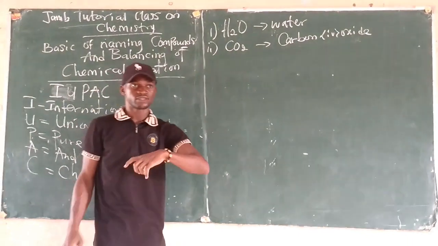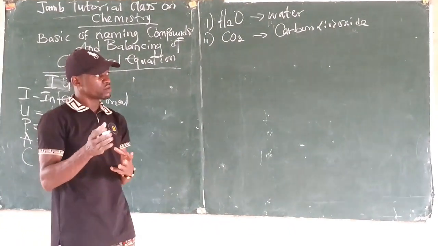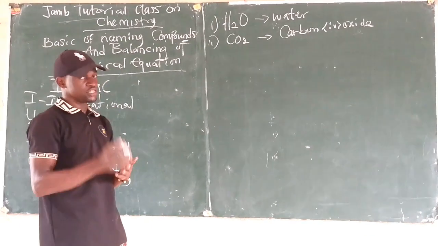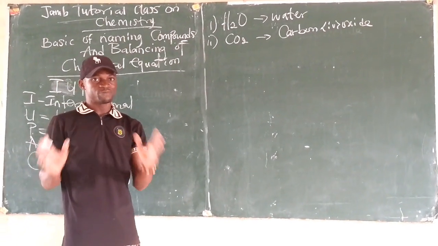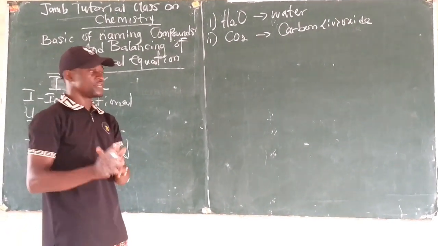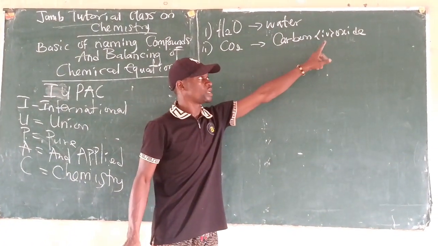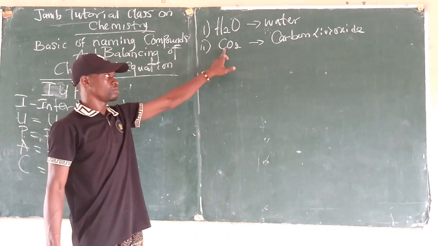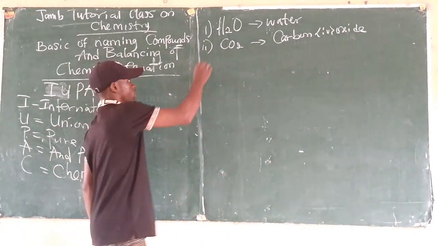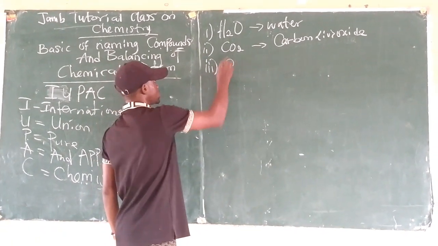In our next class, I'll give you a calculation on oxidation number, a detailed explanation of oxidation number. Then from there, you understand why 4 is the oxidation number of carbon. Now the next one here is CaCO3.